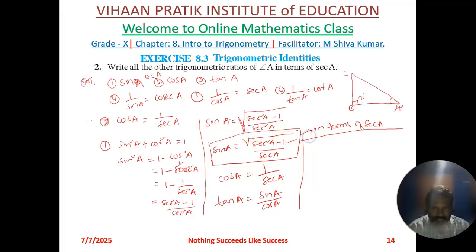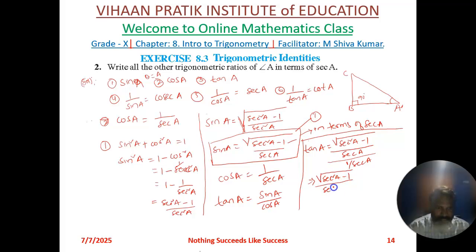If we name it as equation 1, from 1, sine A is square root of secant square A minus 1 divided by secant A, and cos A is again 1 by secant A. So we can write it as square root of secant square A minus 1 divided by secant A, into, the denominator will become numerator and numerator will become denominator, secant A divided by 1.